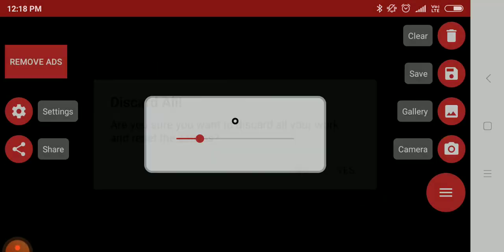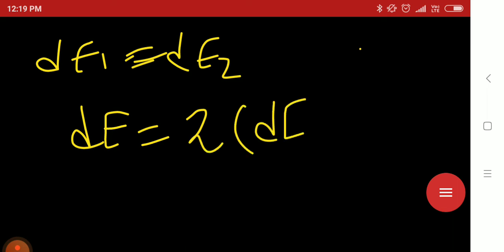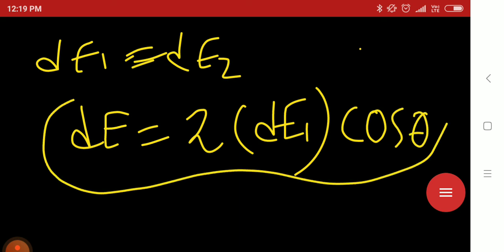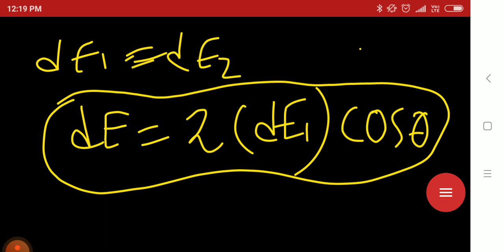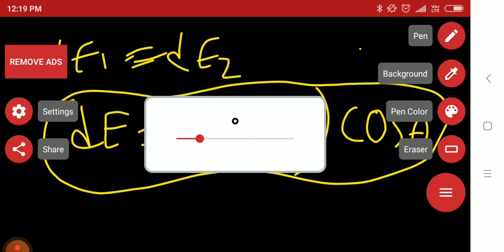If dE1 equals dE2, so the electric field due to that line element at the center will be 2 dE1 cos theta, since only the cos theta component was there. Now if we integrate it, we will get the value of the electric field.